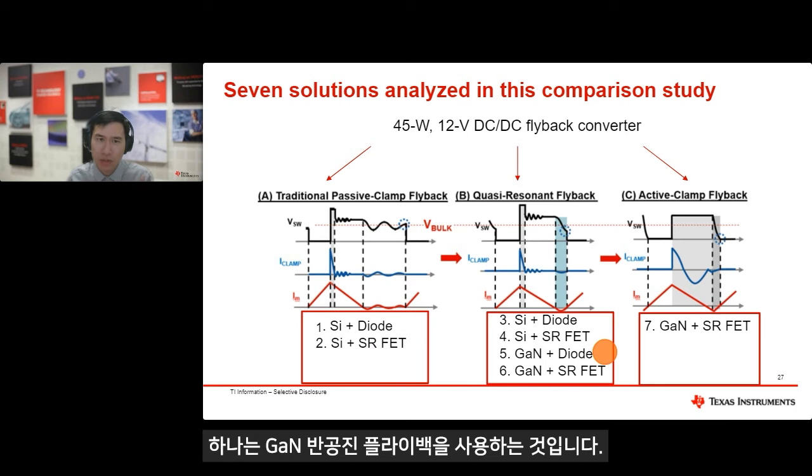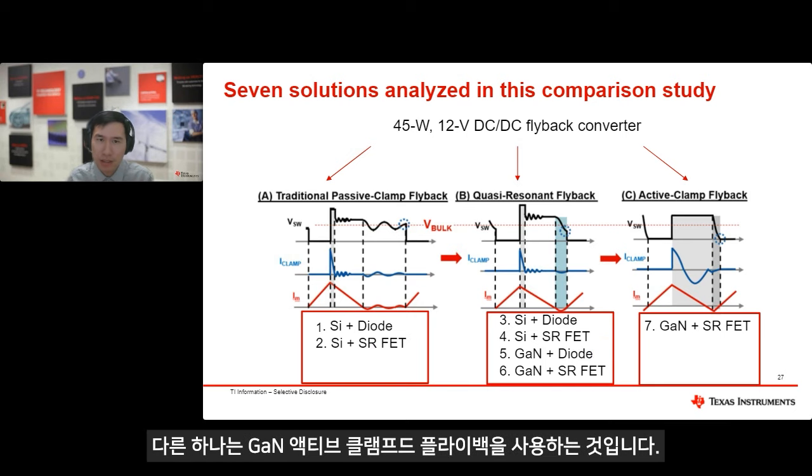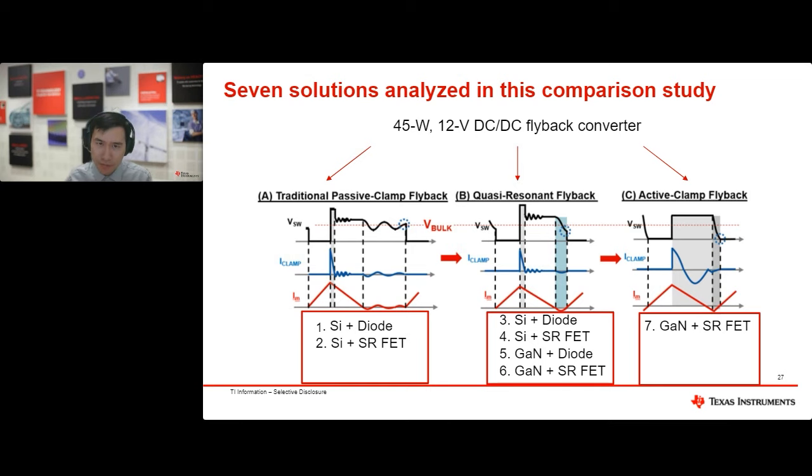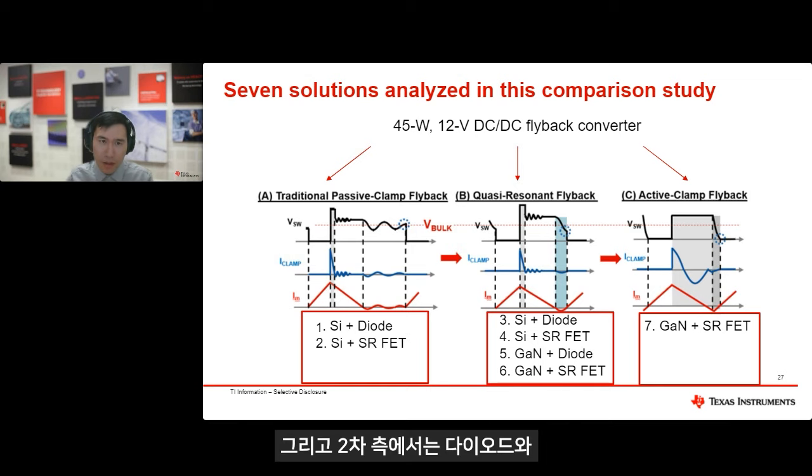One is using our GaN in quasi-resonant flyback. Another is using our GaN in active clamp flyback. We make these kind of 70 cases to do the cost and the efficiency comparison. And on the secondary side, both diode and SR FET are also considered in the comparison.